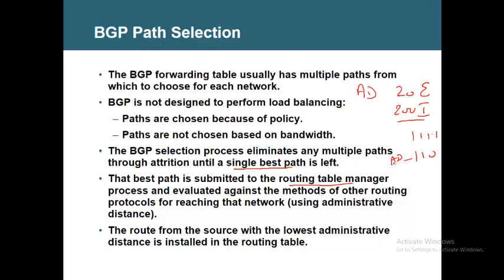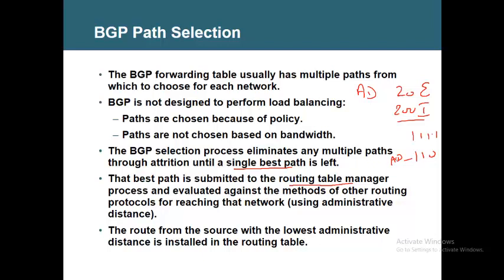So the routing table manager is going to ignore BGP's recommendation, BGP's preference, BGP's advice, BGP's prescription. It's going to only follow what OSPF says. So that is very important.